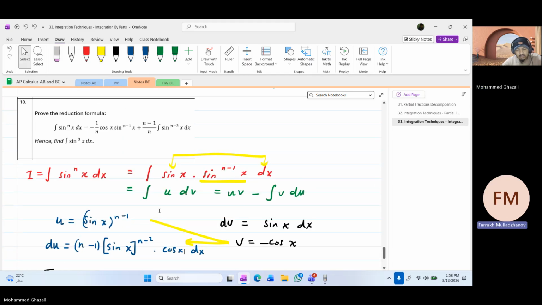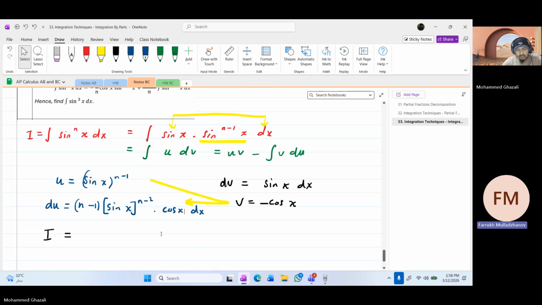The derivative of sine is cos. The derivative of cosine is negative sine. Okay, that's correct. So uv will be negative cos x sine x to the power n minus 1.